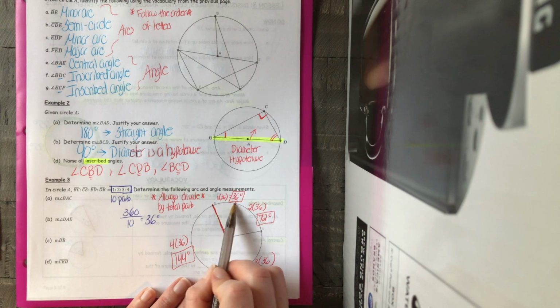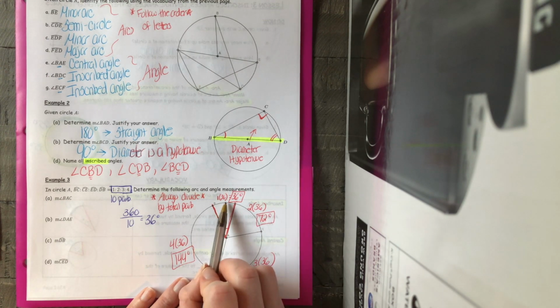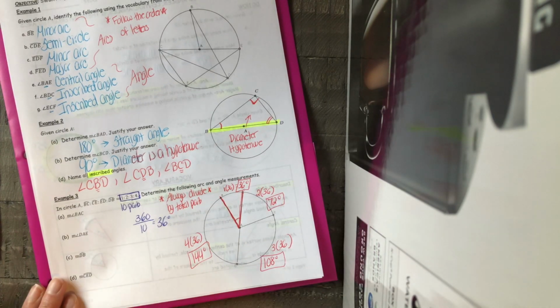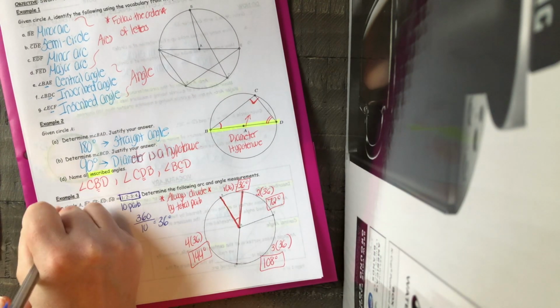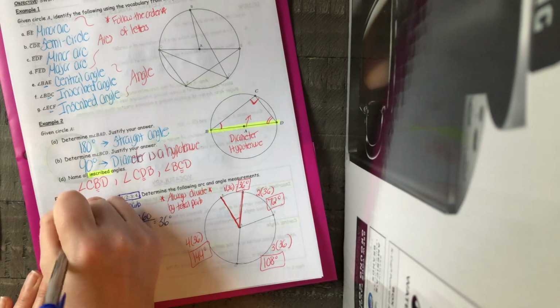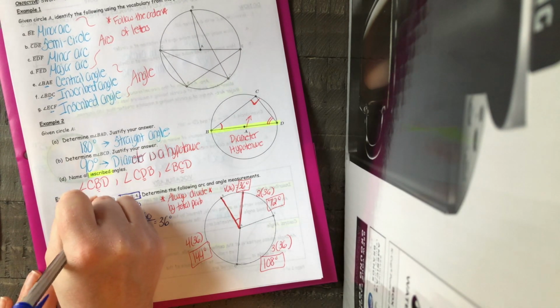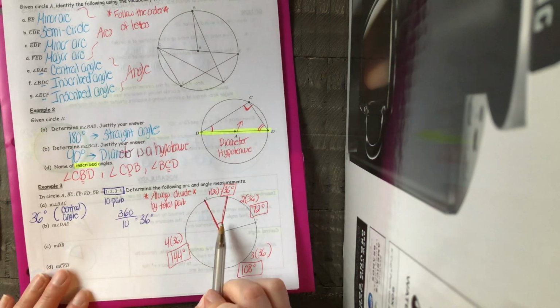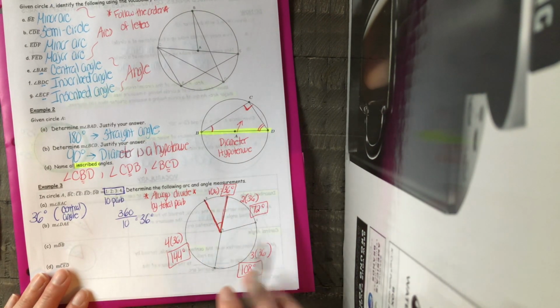It's hitting that degree measure. So if the arc is 36, the angle is going to be 36. So I'm going to fill that in on the side. It's 36 degrees because that was a central angle. All right, so I know it equals the arc that it's hitting.